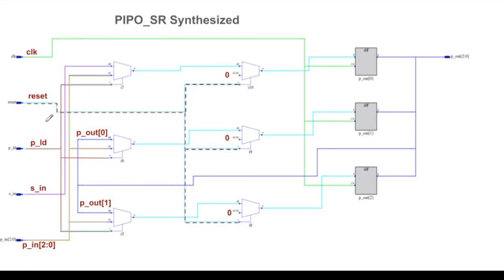Now, the more complicated case is when reset is 0 and PLD is 0. Then the value that's going to these flip-flops is the upper input of all of the leftmost muxes. And so where do those come from? Take a look at SN. That becomes the input of this topmost mux on the left, and that becomes the value of the low order bit in the shift register. And what about the other ones?